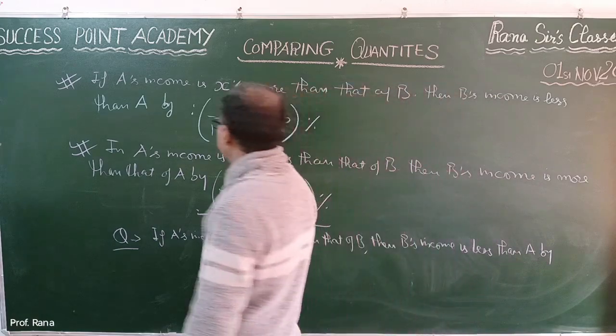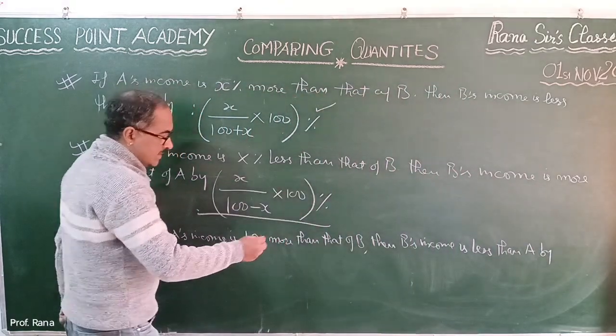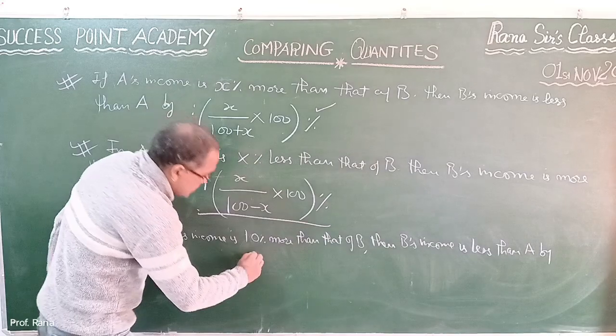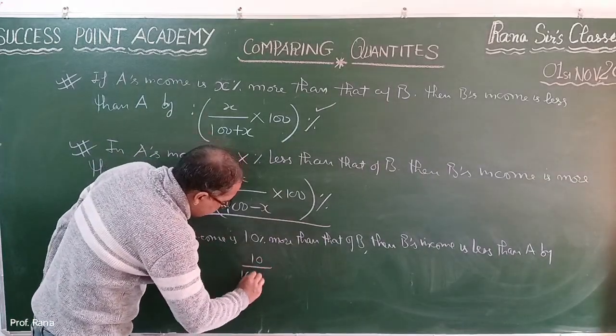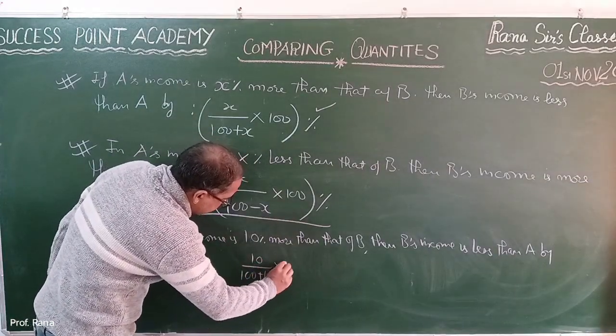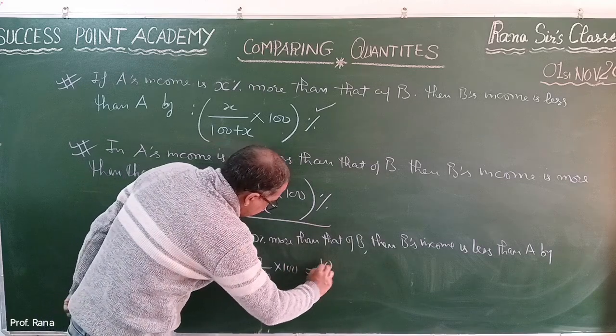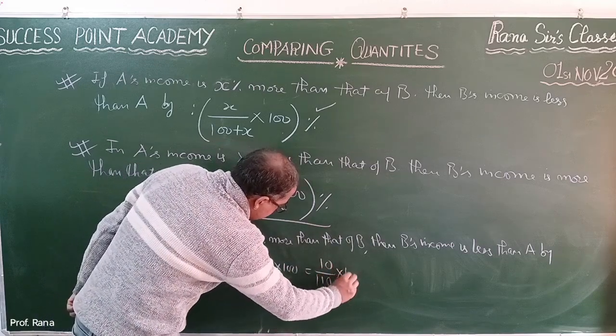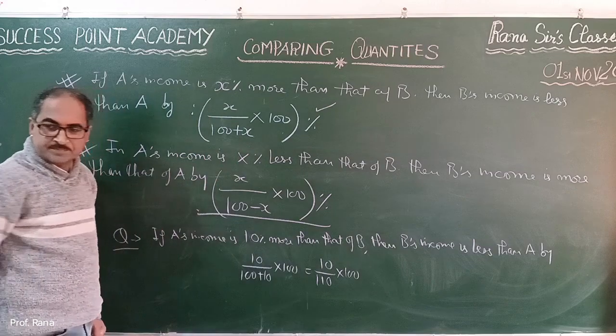So apply this formula here. X is 10. So 10 upon 100 plus 10 multiplied by 100, it will be 10 upon 110 into 100, right?